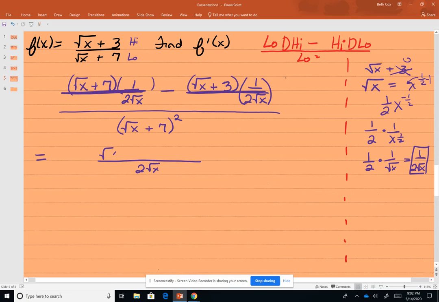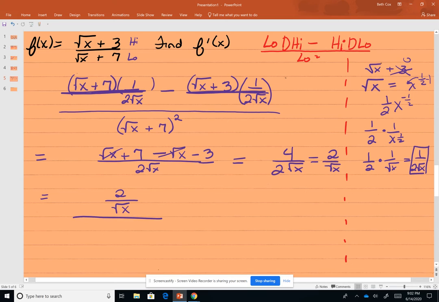So I have the square root of x plus 7 minus the square root of x minus 3. Those are going to cancel each other out, and so then I have 4 over 2 square roots of x, which is going to reduce to 2 over the square root of x, and that's my numerator.